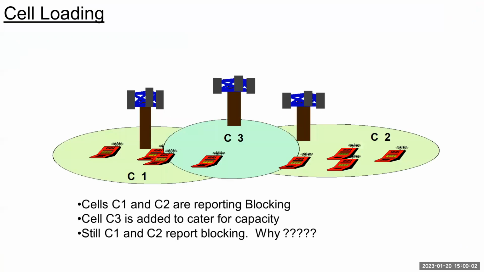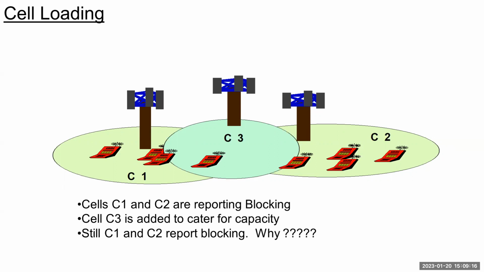Next is cell load optimization. The load of the cells can be optimized using different techniques, such as cell selection and reselection parameters, and changing the handover margins. We can balance the cell load from one cell to another. In the cell loading example, cells C1 and C2 are reporting blocking, and cell C3 can cater the capacity.